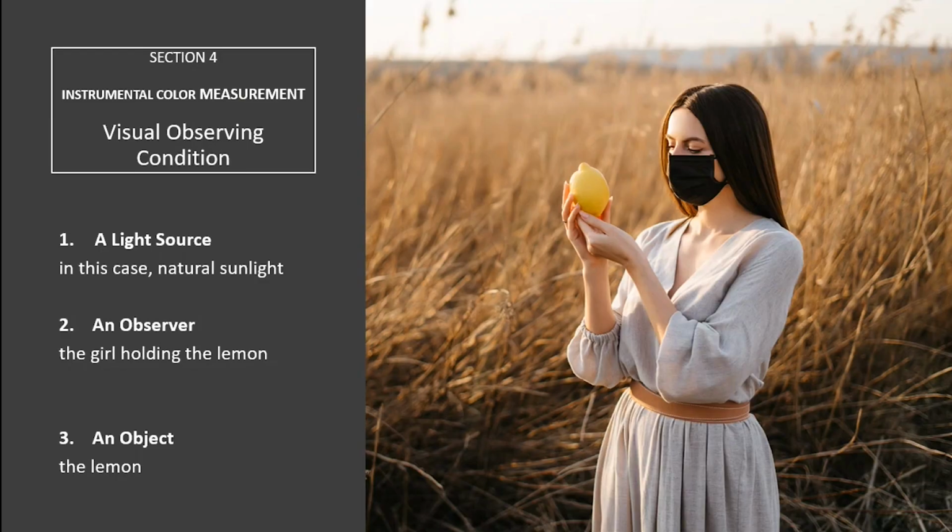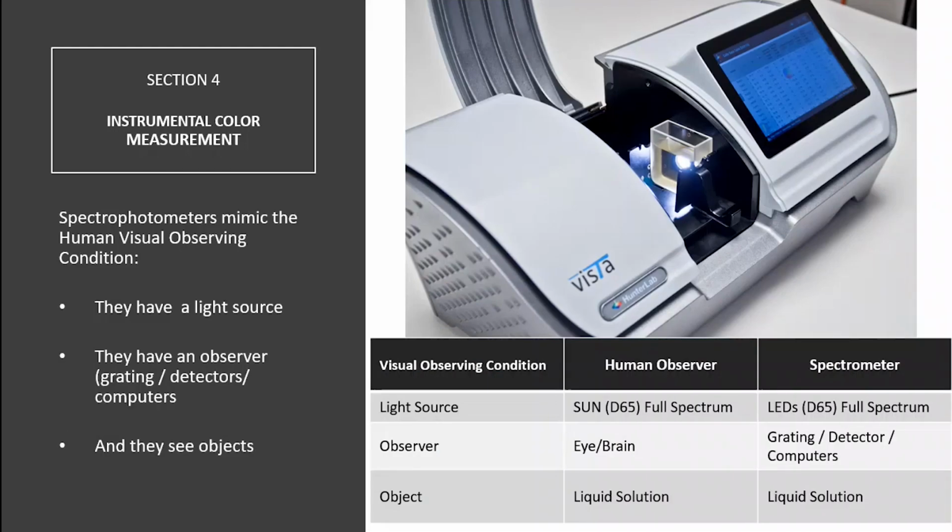So we started this by learning that for us to see color as humans, we need a light source, we need an observer, and we need an object. And spectrophotometers actually have those same three components.